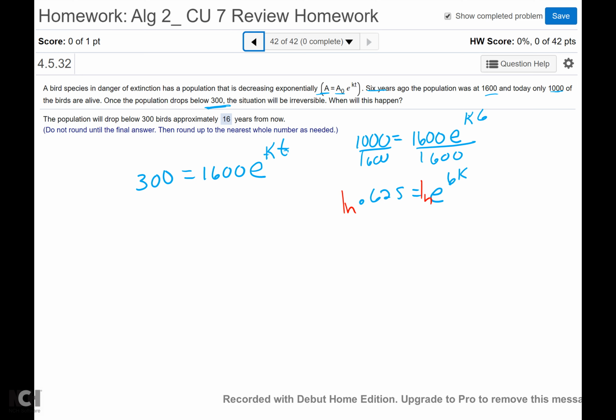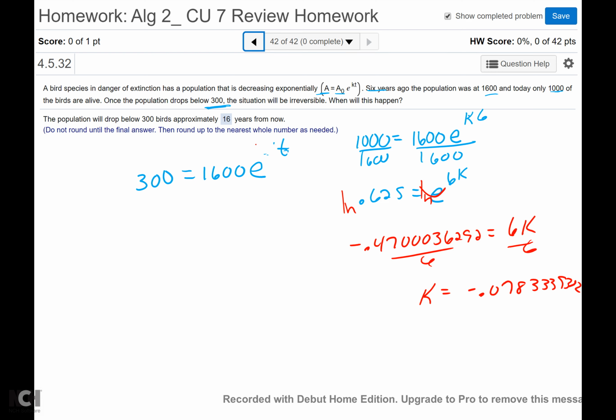So ln 0.625, I get negative 0.4700036292 equals, cancels out, 6k, divide by 6, and k equals a negative 0.07833339382. So now I can replace that over here with negative 0.078. And now I can solve it for t.